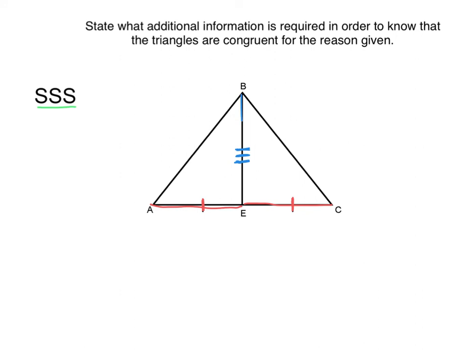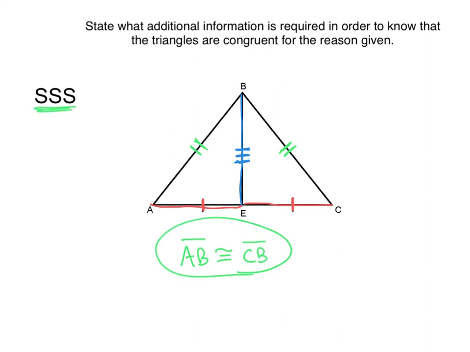So BE is congruent to BE. And if I want another side to be congruent, this side has to be congruent to that side. So I would have to say segment AB is congruent to segment CB. Now if that was congruent, the triangles would be congruent because of side, side, side, and we have it.